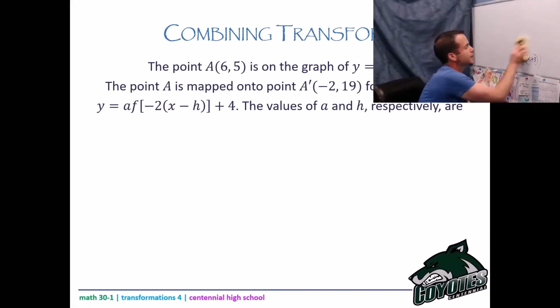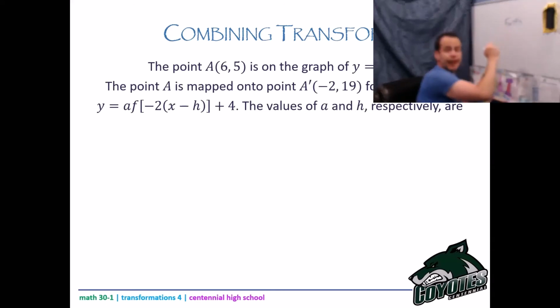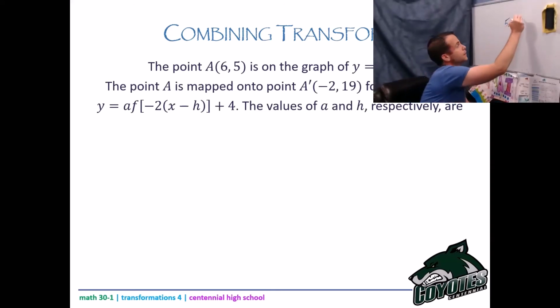I'm going to write it down up here for you first. I'm going to take 5, multiply it by a, and add 4 to it. And when I do that, I need to get out what my new y value is. Well, my new y value is 19. So now I just solve for that. 5a equals 15, a equals 3.